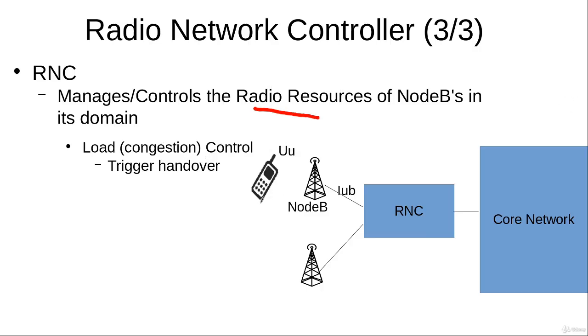For example, this user equipment is in the coverage area of this node B and it is in a call with this node B. But there are many other user equipments that are in a call with this node B. And so there is a sort of congestion in this node B. So in that case, the radio network controller can control this congestion by instructing this user equipment to make a handover to this other node B. So here the radio network controller is doing the congestion control by triggering handover of the user equipments, especially those that are at the border of this node B, to the other node B, so that the traffic in the two node Bs is balanced.